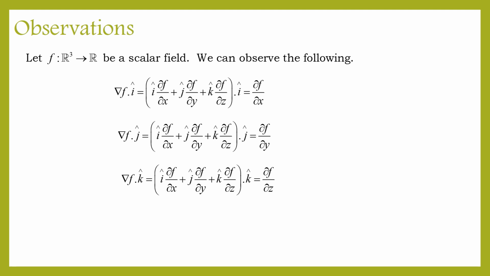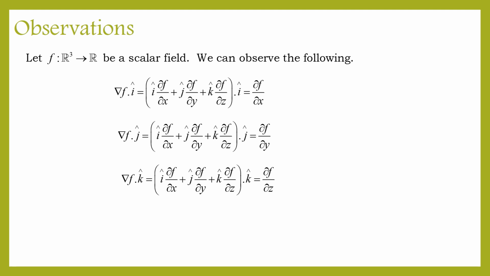If you find out del f dot I cap, then del f dot I cap equals I cap dou f by dou x plus j cap dou f by dou y plus k cap dou f by dou z dotted with I cap, which gives us dou f by dou x. Similarly, del f dot j cap gives us dou f by dou y, del f dot k cap gives us dou f by dou z.